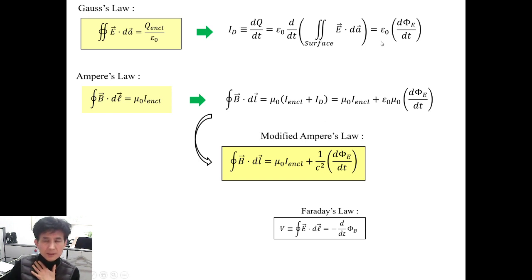So if we define the electric field flux, then by the definition of current, which is dq over dt, it should be equal to epsilon zero d over dt of the electric field flux.